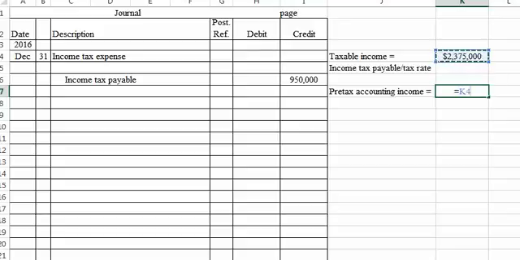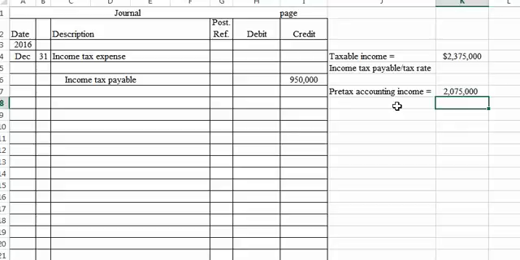Okay, but remember, included in taxable income is rent we collected in 2016 for 2017. They made us include that full $300,000 in taxable income. It won't be included, though, in income statement or book income until 2017. So that $300,000 needs to be subtracted out to get pre-tax accounting income. It needs to be subtracted out from taxable income.